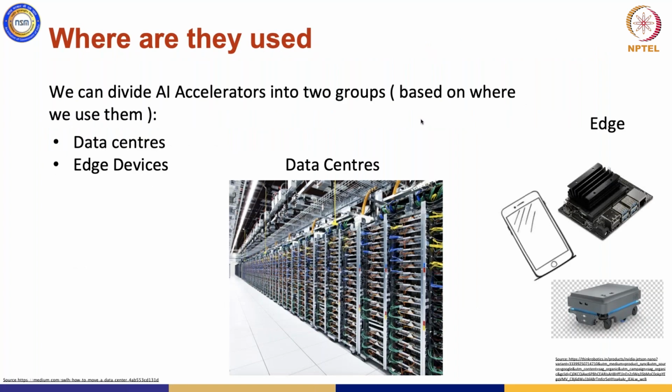From the classification point of view, you can divide these AI accelerators into two groups based on where you can use them. You have AI accelerators at data centers, and you have AI accelerators on your edge devices, the devices where you actually do inferencing, which are not very computationally strong devices.